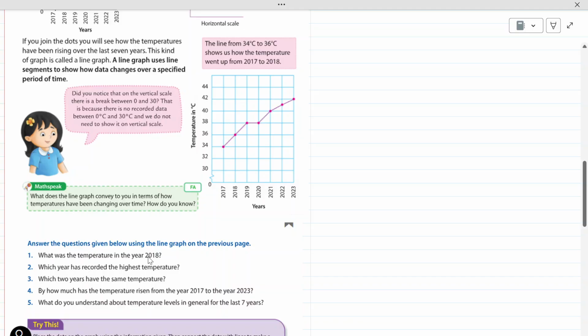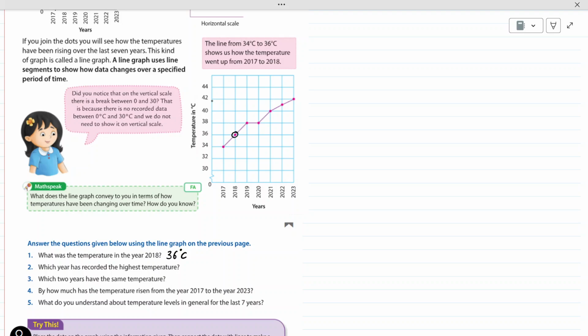What was the temperature in the year 2018? So if we see here, in 2018 the temperature was 36 degrees Celsius.